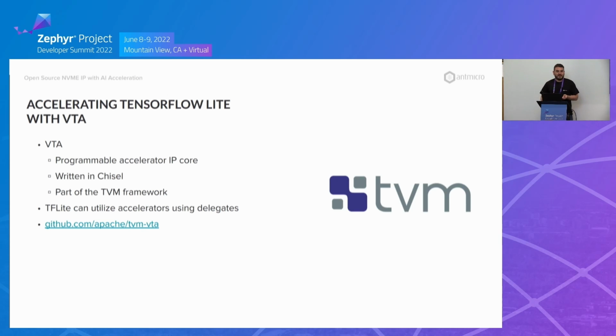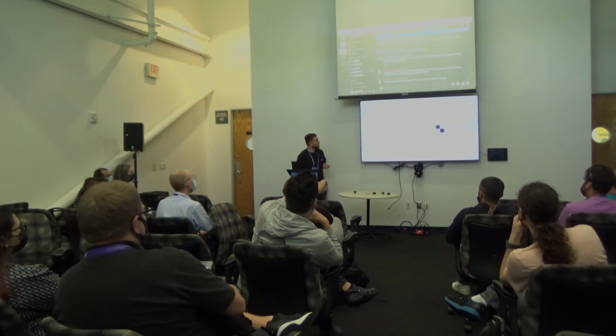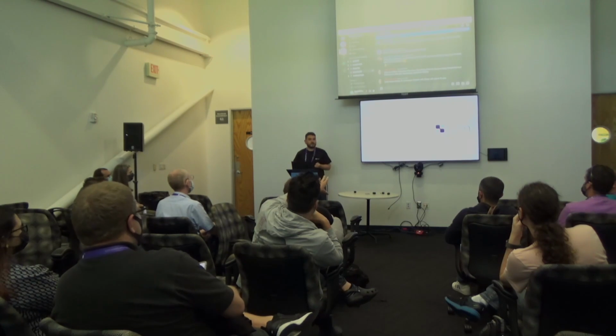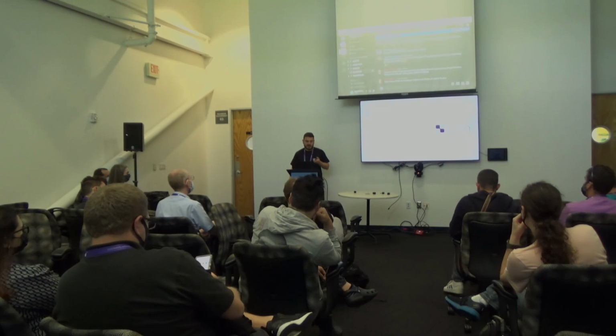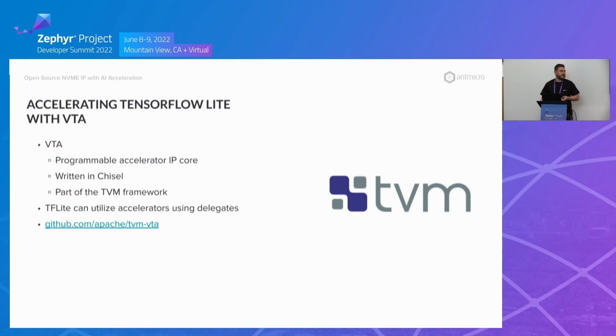So I see IP core. Does that mean these accelerators are on the FPGA? Yeah, that's a very good question. It is in the FPGA. The FPGA in this platform is pretty big, so we still had spare space to connect the accelerator and use it for processing.